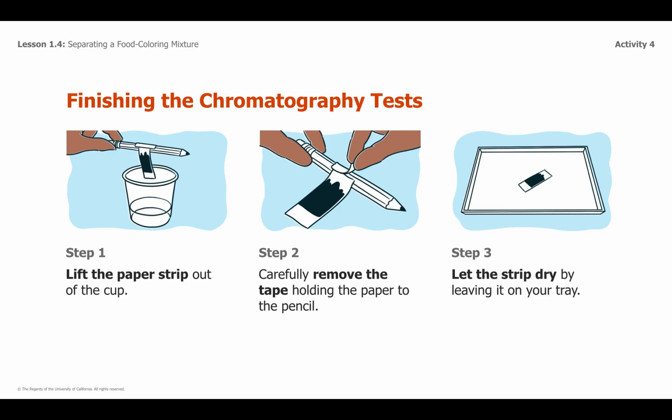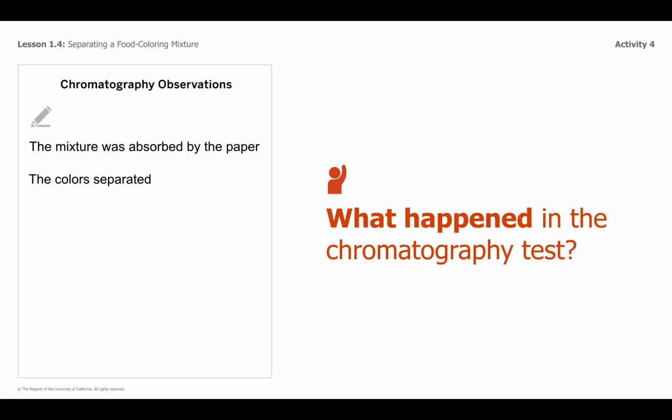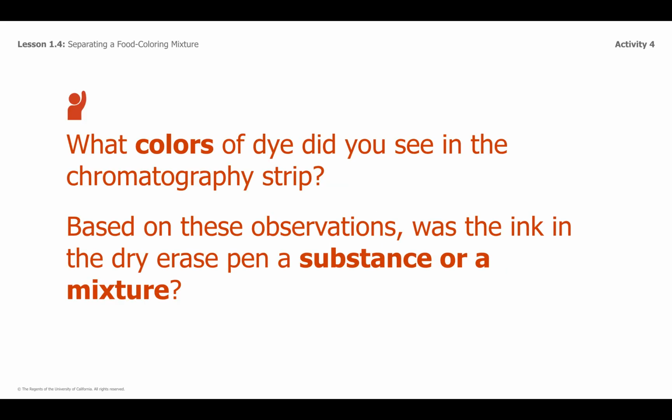All right, so you're going to watch the video. Instead of doing the activity, you're going to watch the video of somebody else doing the activity. Unfortunately, we have to do it that way for remote learning. You'll ask yourself, what happened in the chromatography tests? What colors of dye did you notice in the chromatography strip?